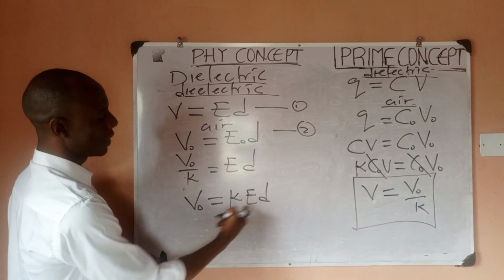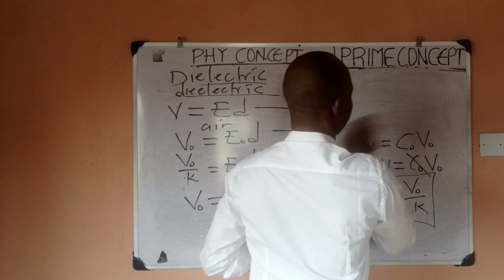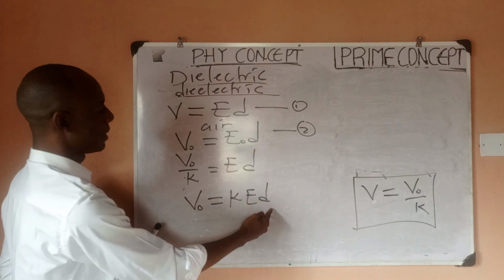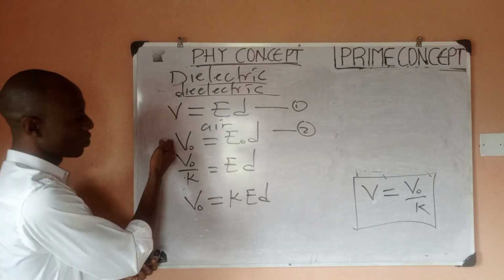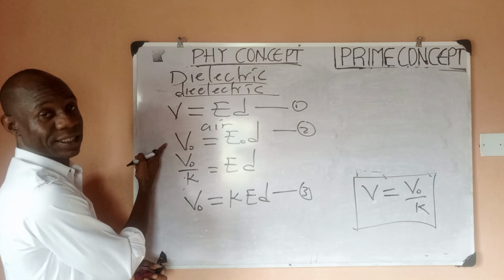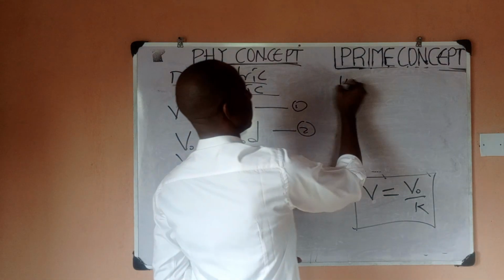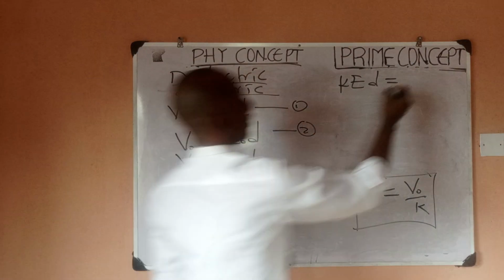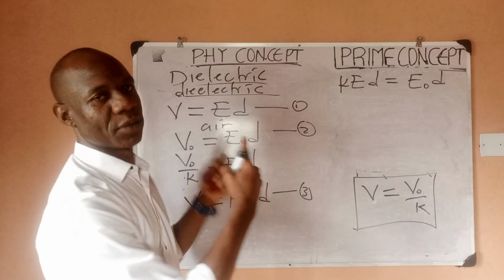V naught is then KED. Since V naught is KED, and we also know that V naught is E naught D, I'm going to equate both of them. So if I call this equation 3, I'm going to equate 2 and 3, so that I would have that KED equals E naught D.